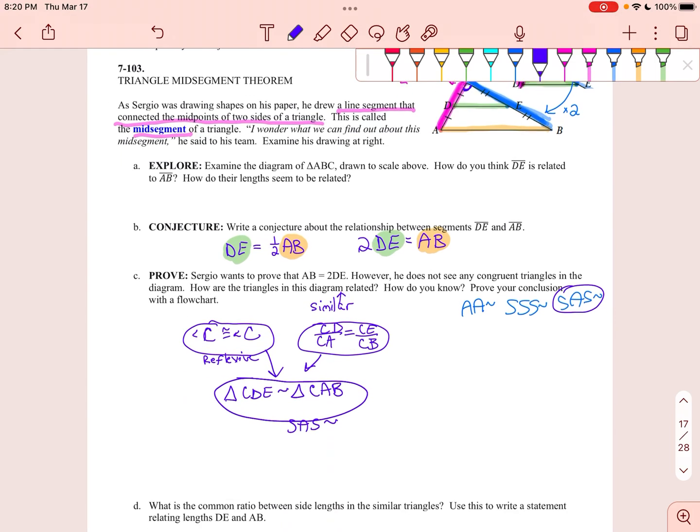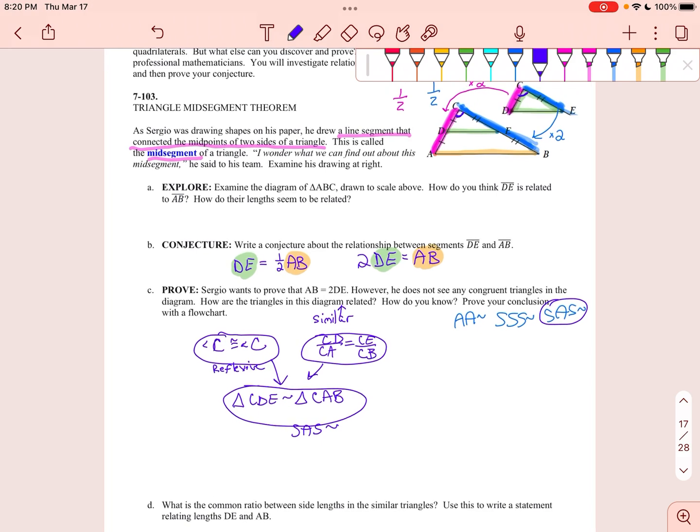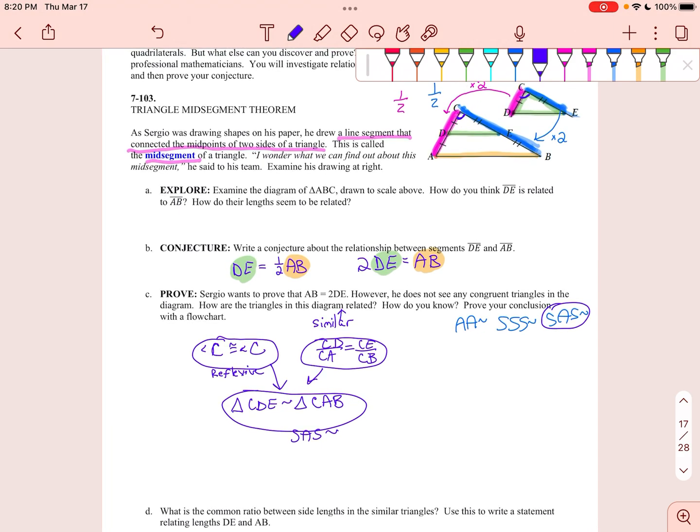The reason that I wanted to do that, and we want to take this a step further, is because we're proving our conjecture. Because these triangles are similar, that third side that we haven't spoken about, so this bottom green side and this bottom orange side, again, because the scale factor is 2, to get from the green side to the orange side, you need 2 greens to make that orange.